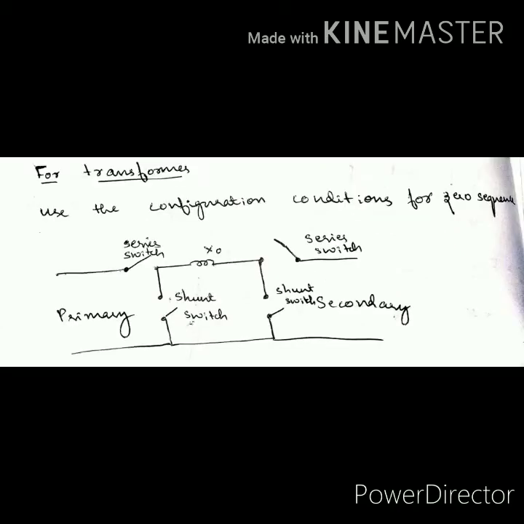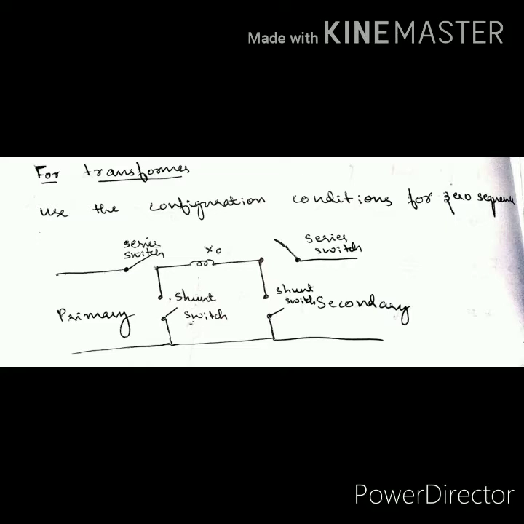Now let us see what happens in case of a transformer. In case of a transformer, you have to use the configuration conditions when you draw a zero sequence network. We have already seen different configuration conditions which we have discussed.